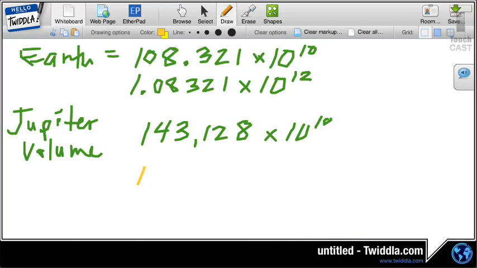So following our exponent rules, we need to call this 1.43128 times 10 to the, how many exponents did I add on? 1, 2, 3, 4, 5. So that needs to be 10 to the 15th.